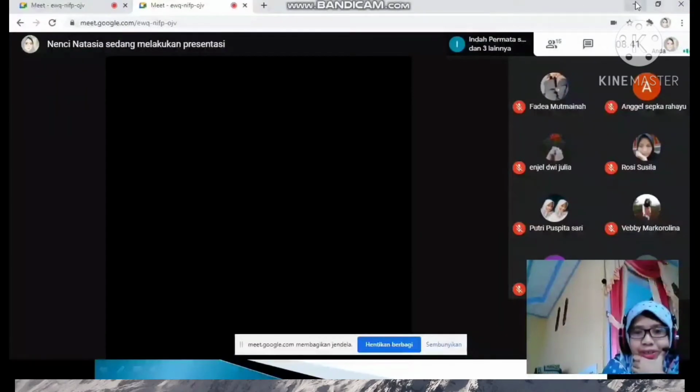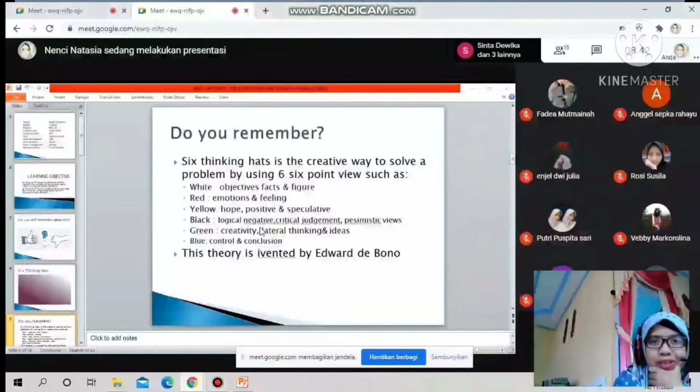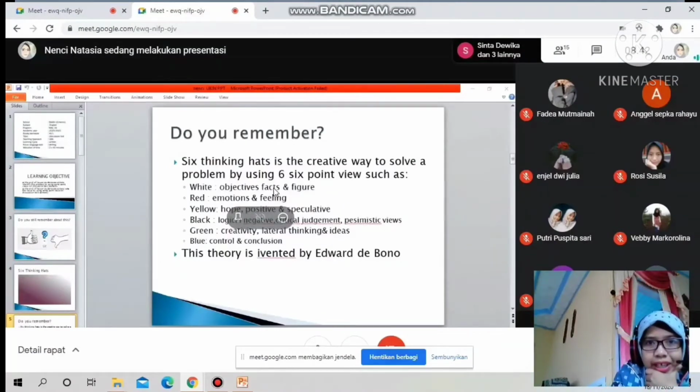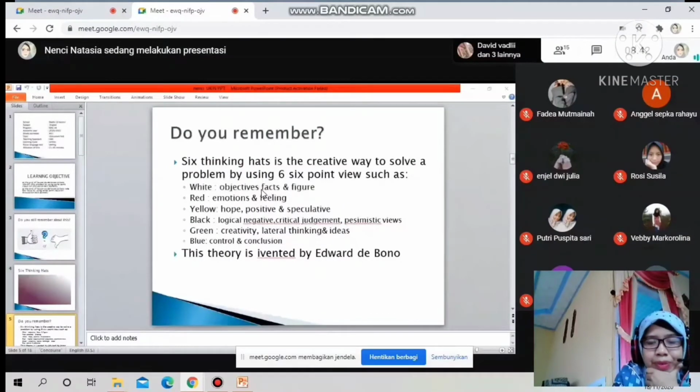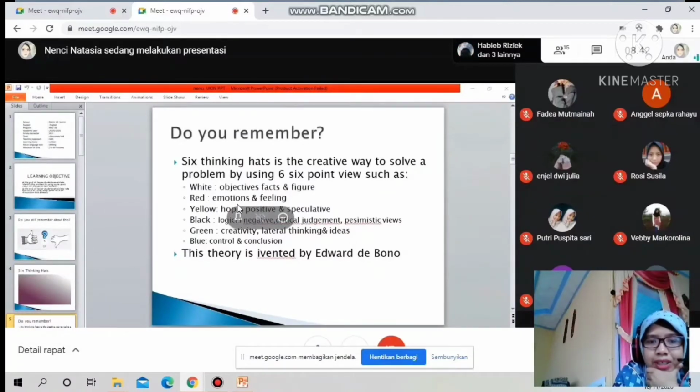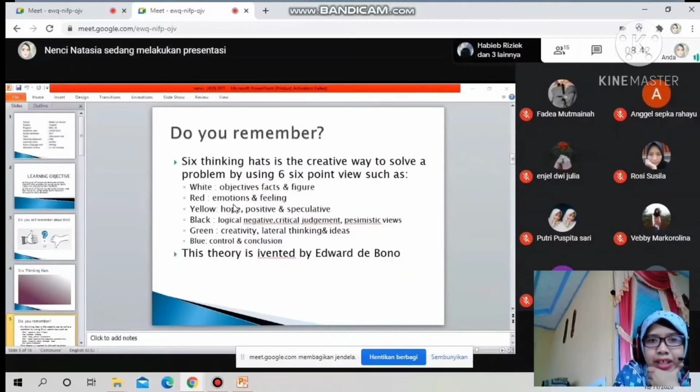Well, my student, have you got the point? Do you remember? 6 thinking hats is a creative way to solve a problem by using 6 points of view, such as white for objective facts or figures, red for emotions and feelings, yellow for hope, positive and speculative, black for logical negative, critical judgment, pessimistic views, green for creativity, lateral thinking and ideas, blue for control and conclusions.